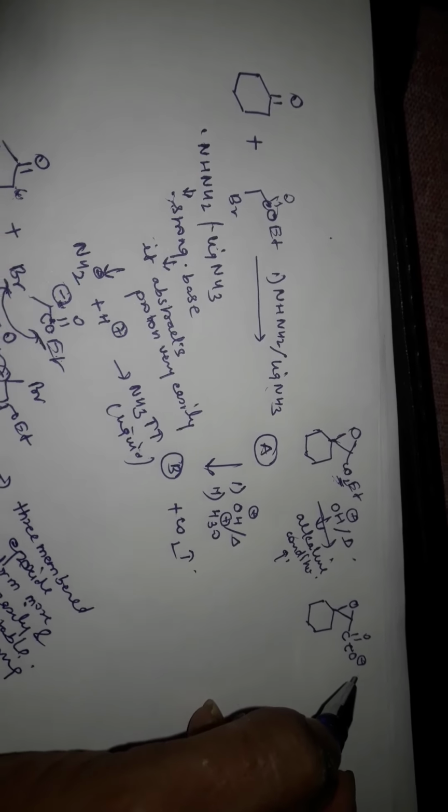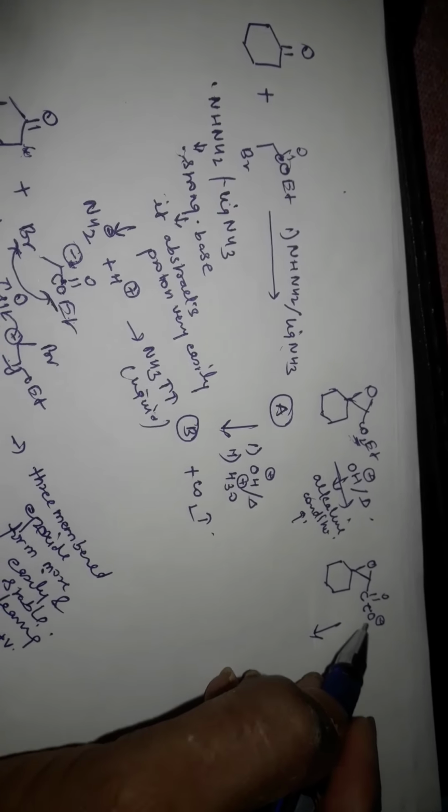Okay, so what happened here, this will remain as it is, there will be no effect, and this COO minus will be formed here. Okay, so if you see, why is the minus charge generated here? Because the medium is a very alkaline medium. Understand?